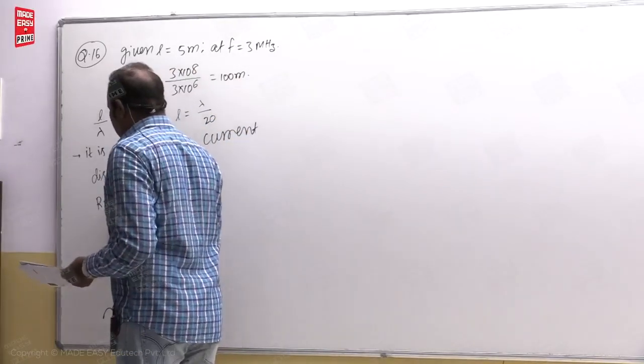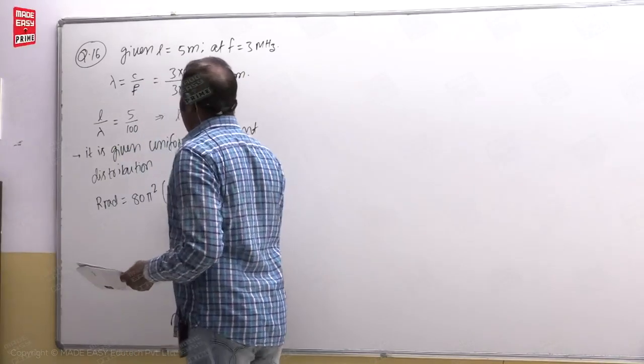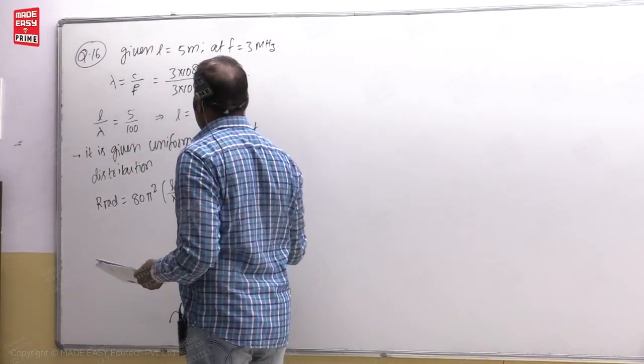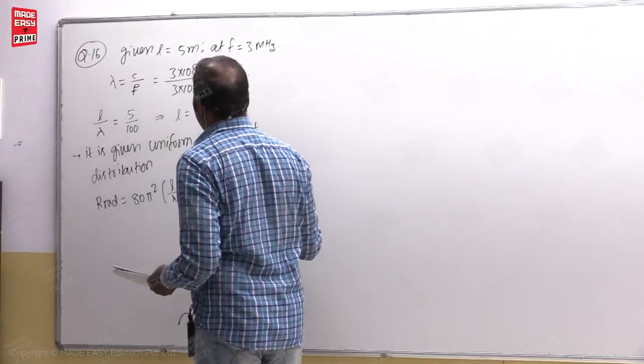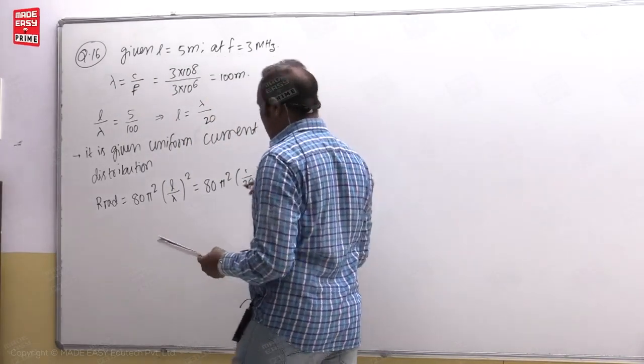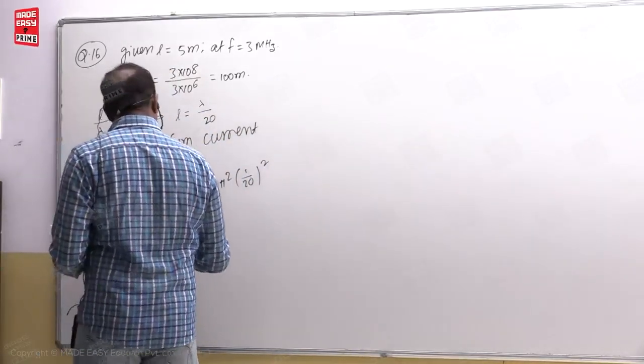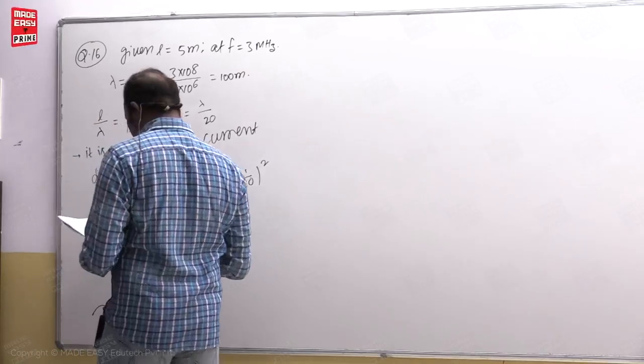So radiation resistance is 80 pi square times L by lambda whole square, with L by lambda equal to 1 by 20 whole square. Now this value is 2 ohms.